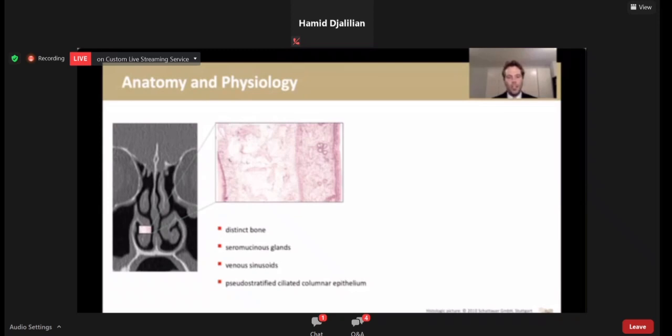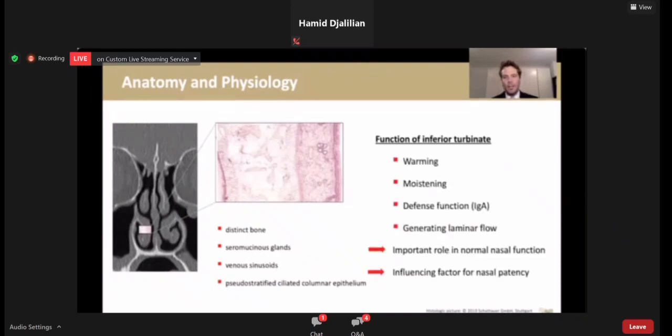Now, what functions do the inferior turbinates have? Due to the anatomical facts I already mentioned, there is a warming function, so the incoming air is warmed up to 37 degrees Celsius. There is a moistening function up to 100% humidity, and there's also a defense function mediated by IgA antibodies.